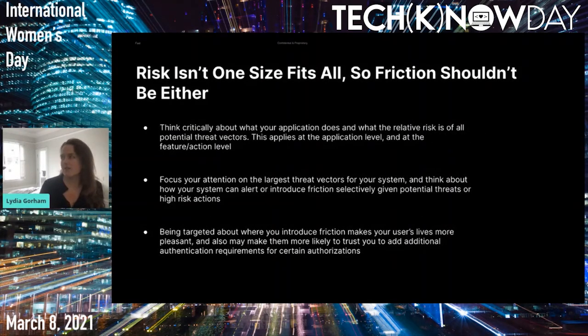Risk isn't one size fits all, and so friction shouldn't be either. Think critically about what each step of your application does, what the relative risk is, and this applies at an application level, not just at the feature action level. So one thing that we've been working on at FAST is breaking apart the types of sessions or tokens a user might have based on particular scopes.